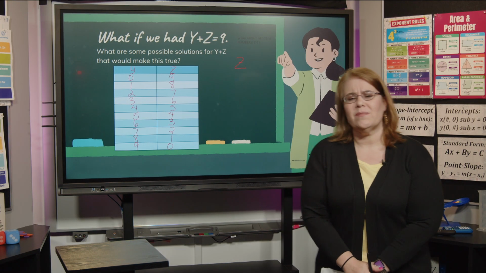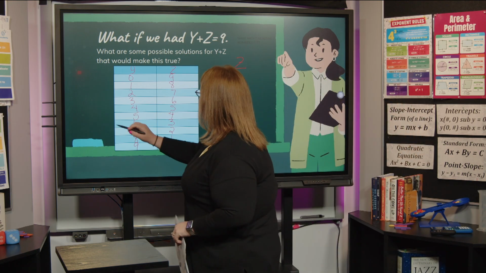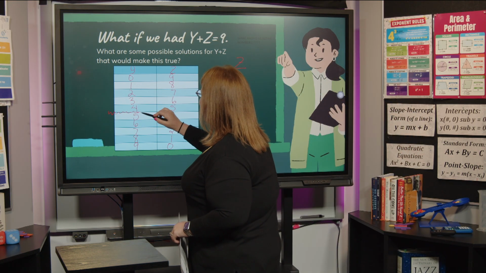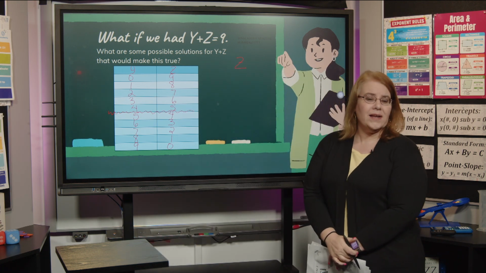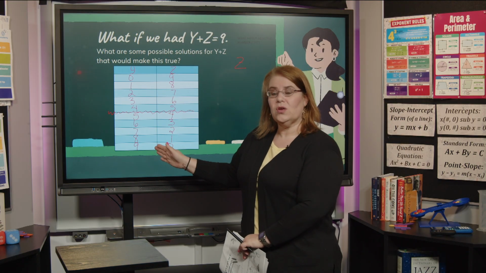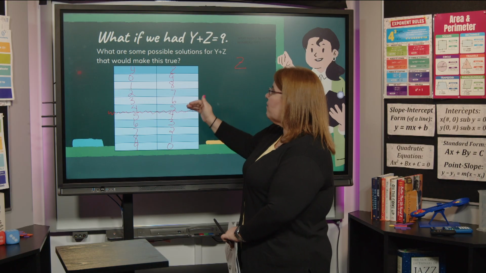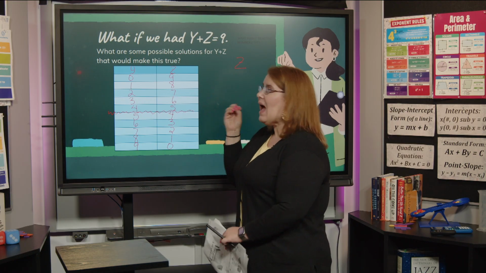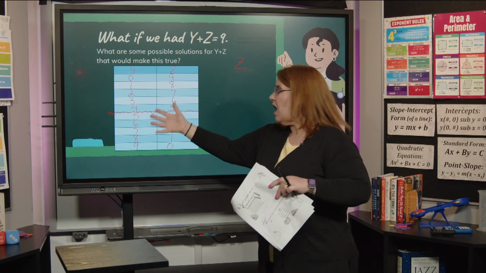Now you may be saying, Ms. Killen, you rewrote some answers, but did I? Up until this point right here, everything was going great and wonderful. But then you're probably saying, Ms. Killen, why did you rewrite them? Okay, my y values were 0 through 4, and then my z values were 5 through 9. But then I also needed to make sure that I could say my y values could also be 5.